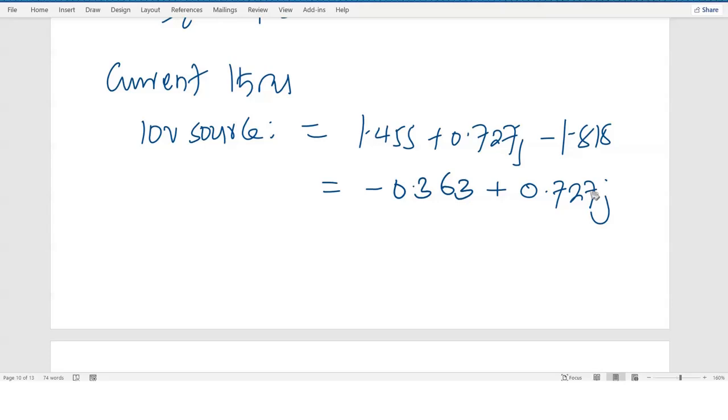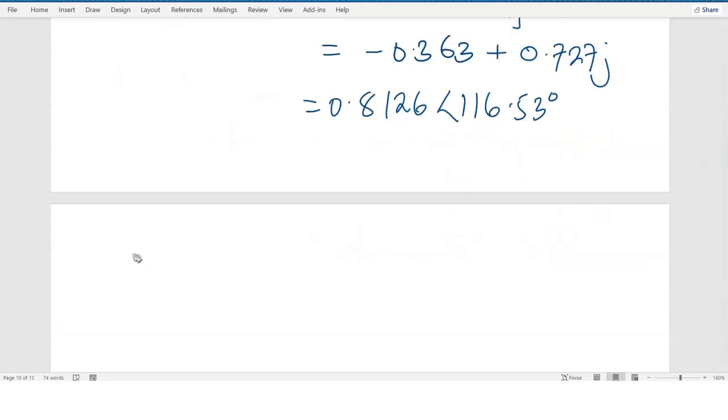So if I look for the polar form, I'll have 0.8126 at an angle of 116.53 degrees.